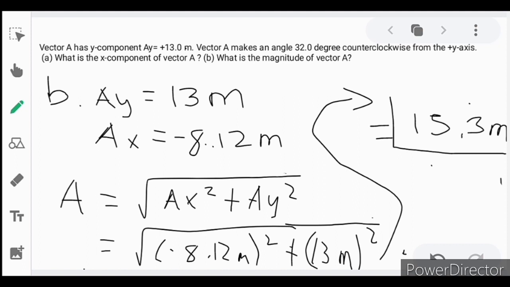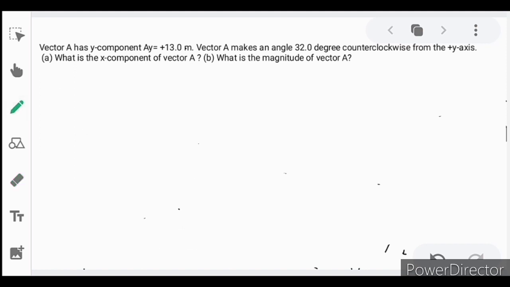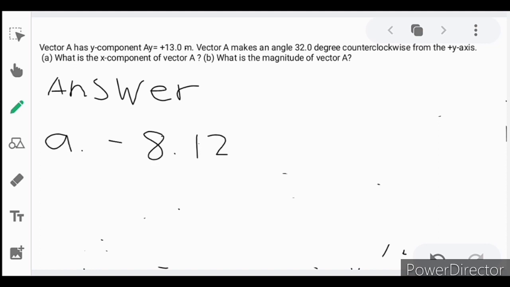So for my correction earlier, let's erase it and let's proceed to the answer. So in letter A, the x component is negative 8.12 meter and the magnitude of vector A is 15.3 meter.